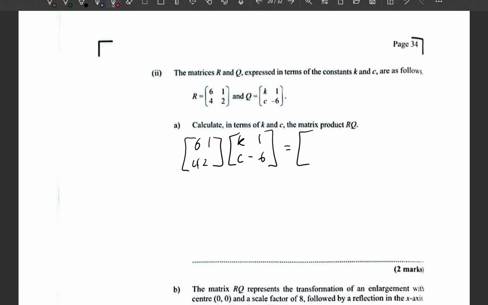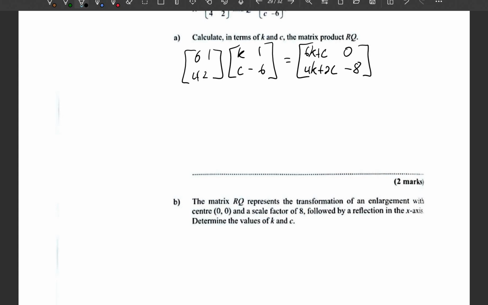Row by column, 6 by K is 6K plus C. Then 6 by 1 is 6 plus minus 6, that's going to be 0. Then 4 by K plus 2 by C is 4K plus 2C. Then 4 by 1 is 4, plus 2 by minus 6 is minus 12, and minus 12 plus 4 is minus 8.